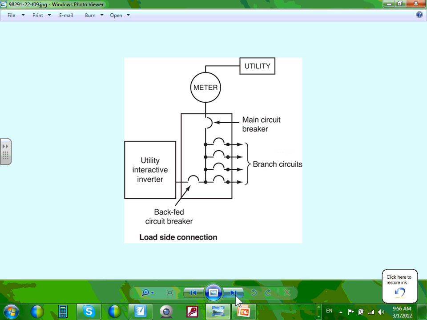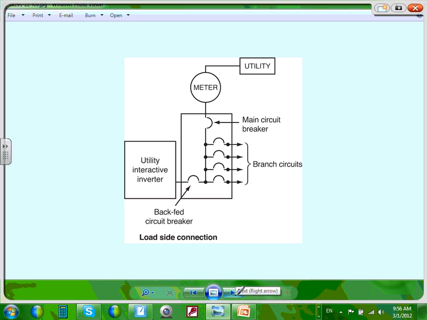Okay, now there are 2 ways of connecting. I told you guys this last year too. This is the poor man's way of connecting to the grid. If you do it this way, then you're limited to only 20% of the rating of the system. If you tie on the load side like this, this overcurrent protection device here is limited.